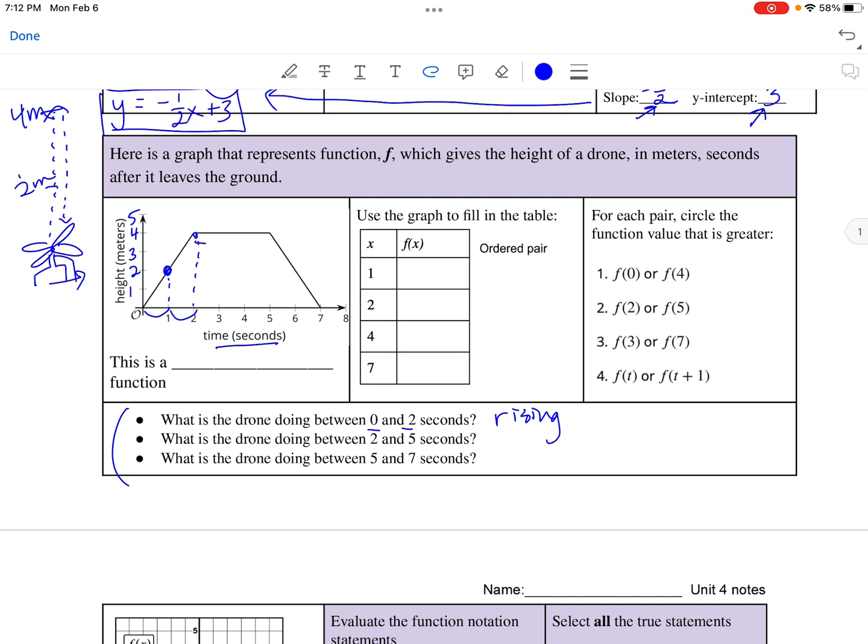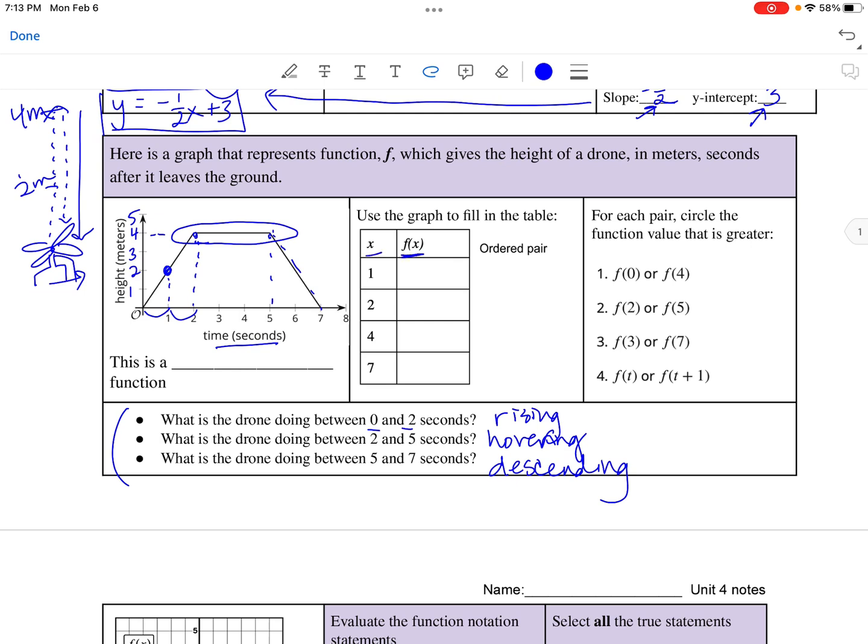Between 2 and 5 seconds, what's happening to its height? Well, the height is not changing between 2 and 5 seconds. It's staying at 4 meters, so it's hovering. And then between 5 seconds and 7 seconds, it's taking 2 more seconds to descend. So I could say it's descending, or going down.